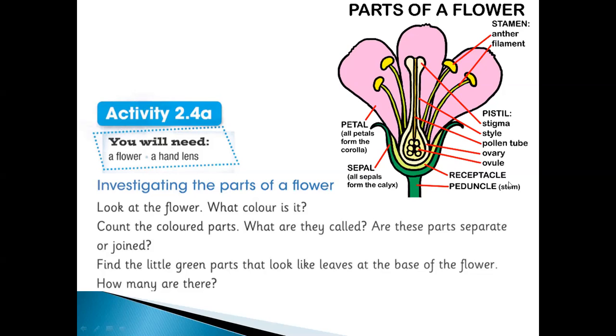These two are not given in your book, so no need to discuss. Pistil, stigma, style, pollen tube, ovary, and ovules. Some parts are available in your book, but some are not written. We just write an overview, parts of the flower.